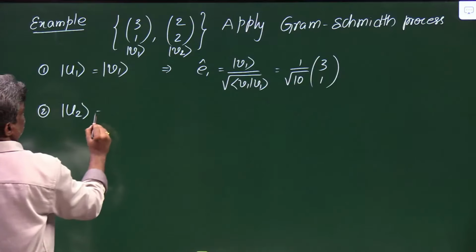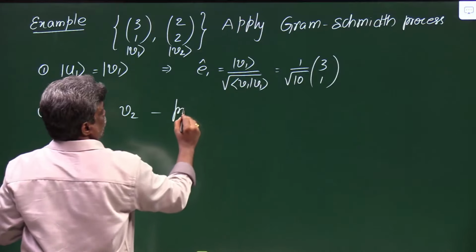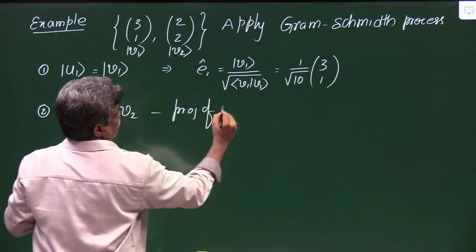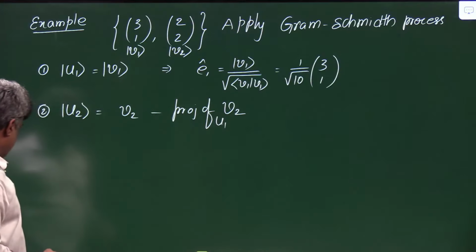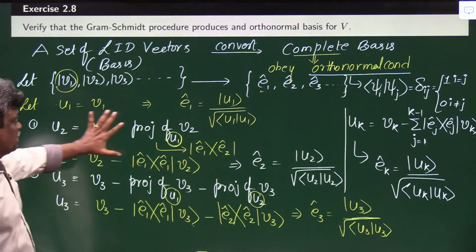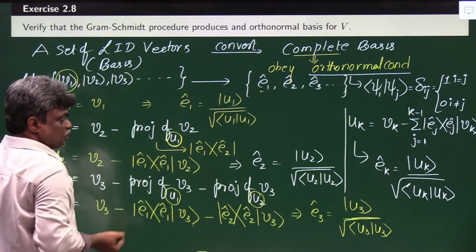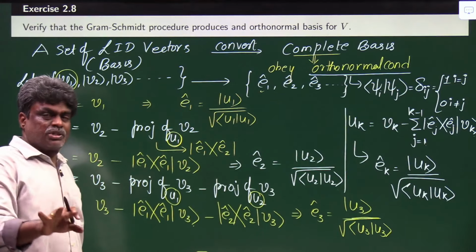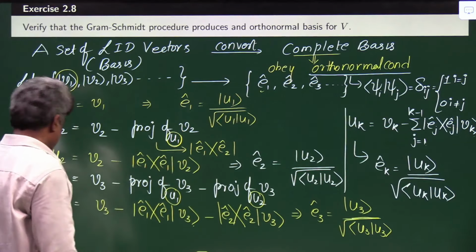u2 equal to v2 minus projection of v2 over u1. So earlier we have already discussed this one. So what is the meaning of projection of v2 over u1? You just take the projection operator corresponding to u1 and operate on v2.